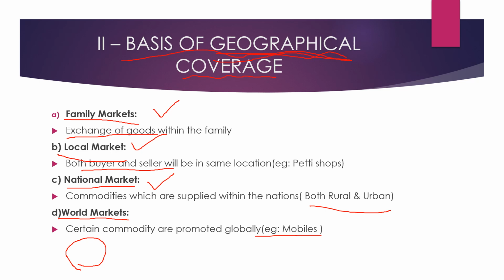A joint venture means, for example, Hero Honda, and various other joint venture organizations, in which they will be having international businesses, making foreign country investments and foreign country productions, all taking care in the international market, that is the world market.